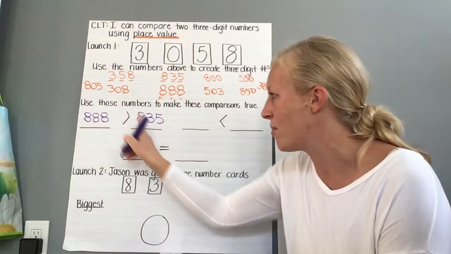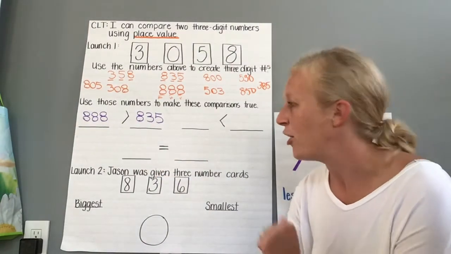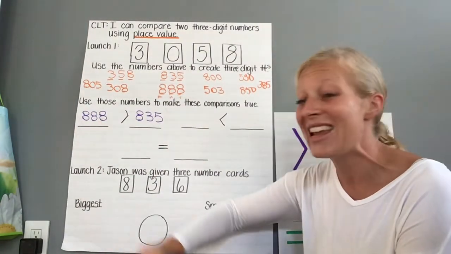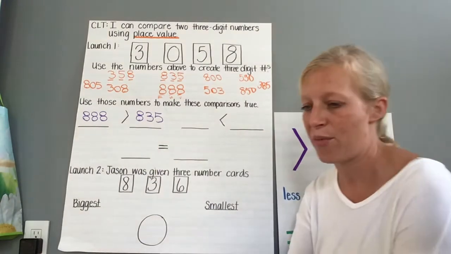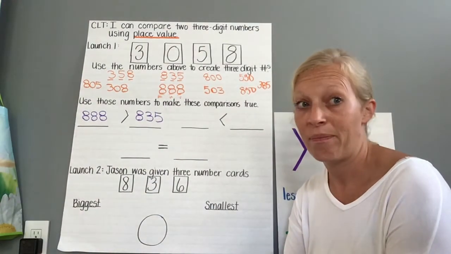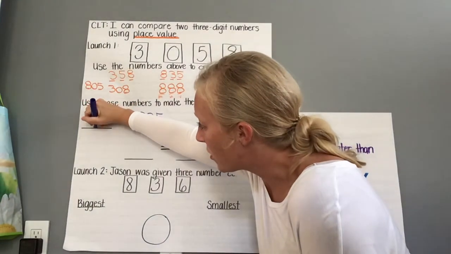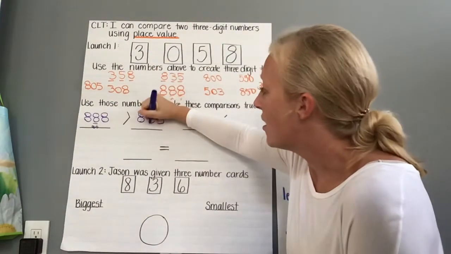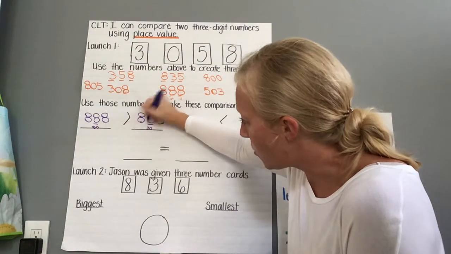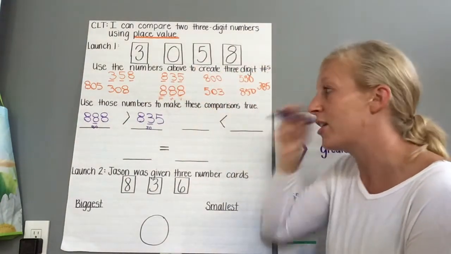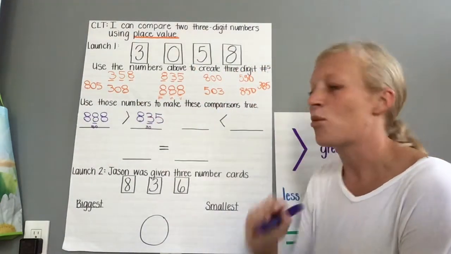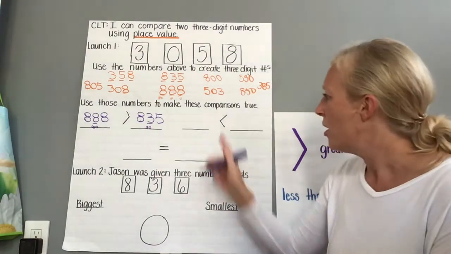They had the same hundreds, don't they? How do you know that this number is greater than this number? Because 8 tens is worth 80 and 3 tens is worth 30. Very good. And 80 is more than 30. Good work.